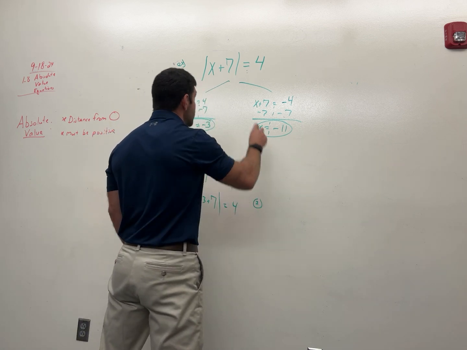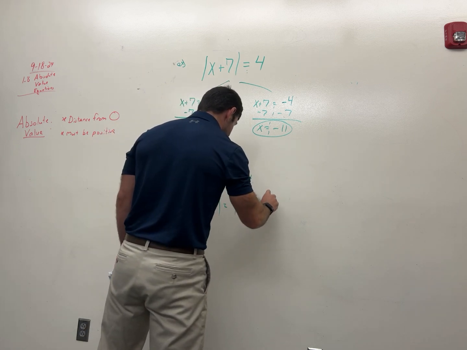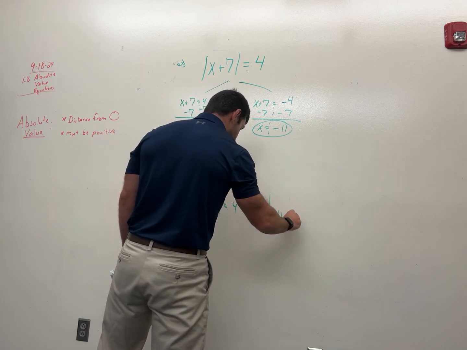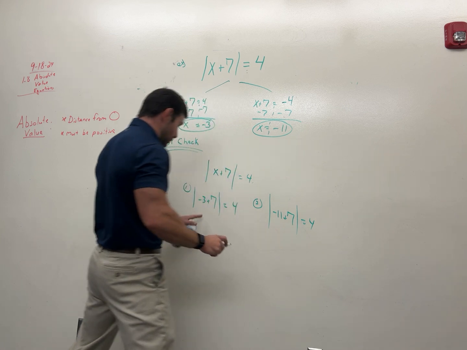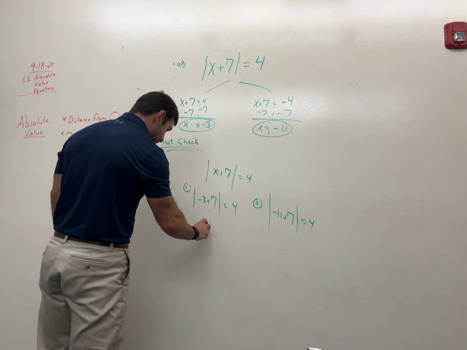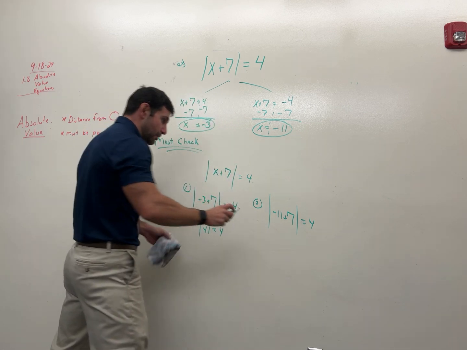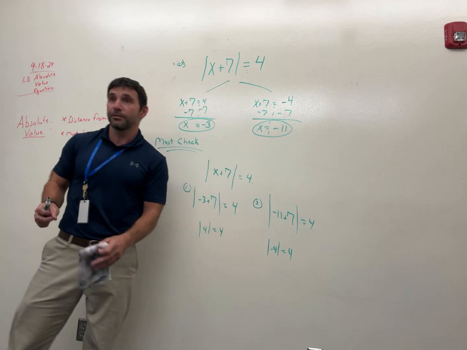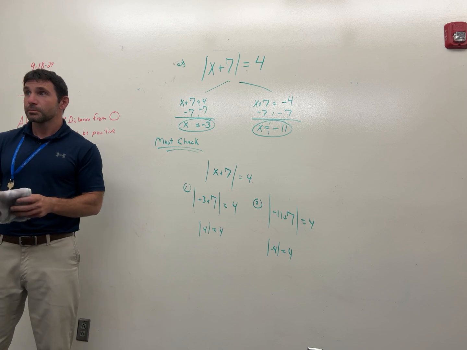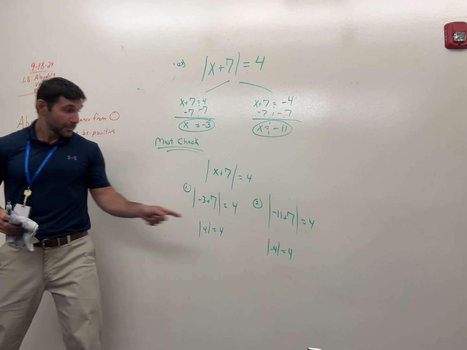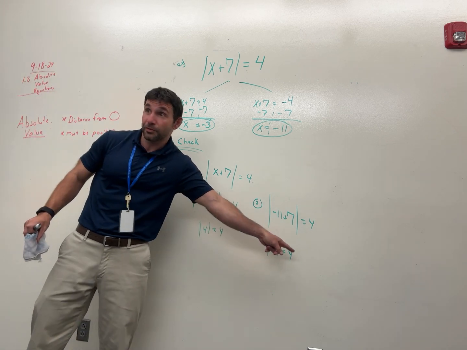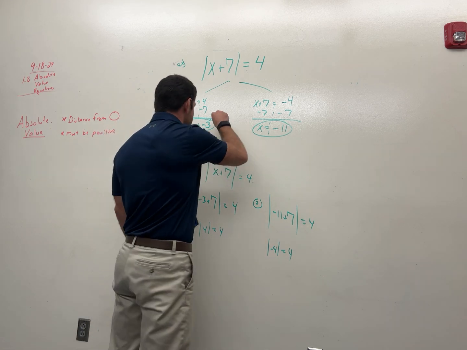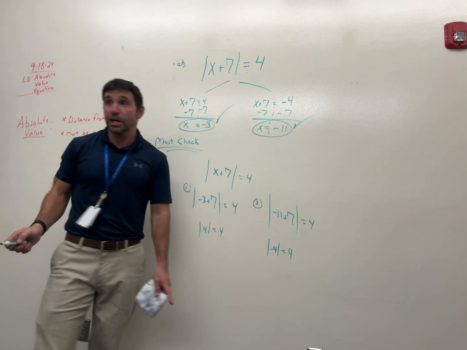And version 2 is back into the original, -11 plus 7 equals 4. Well, that's the absolute value of 4 equals 4? Yep. This is the absolute value of -4 equals 4. Is the absolute value of -4 4? The absolute value of -4 is 4. These answers both check out correctly.